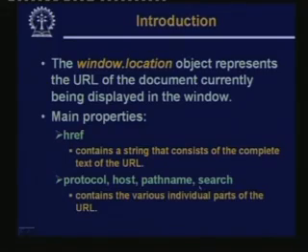And lastly there is a search option you can specify here. This is if you are using the GET method of submitting the URL, you can give a question mark followed by some keywords or some data which will be passed to the web server. So, the search attribute will contain the data that follows that question mark, right.